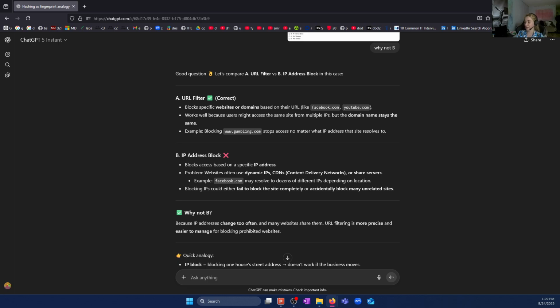Right. And the IP address blocks access based on a specific IP. Exactly. That's what I wanted to say. But websites are dynamic, so the IP address can change, while the URL will not. So this will remain blocked, and with IP address block, it could open once the IP changes.